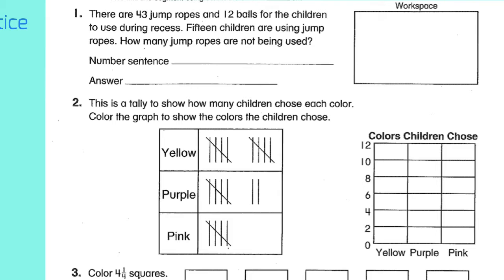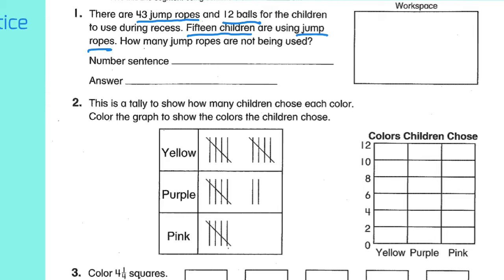All right, let's go back and underline our important information. So there are 43 jump ropes, and there are 12 balls for the children to use during recess. 15 of them are using jump ropes. So how many jump ropes are not being used?